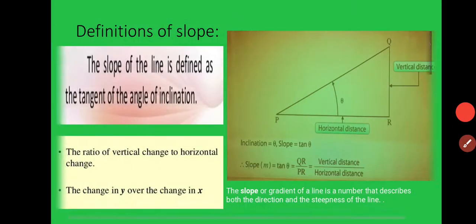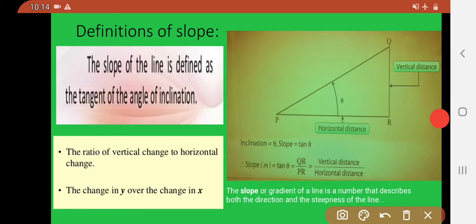Next, now come to the definition of slope. What is the slope of a line? Here you see this definition. Slope of the line is defined as the tangent of the angle of inclination. Tangent is what?